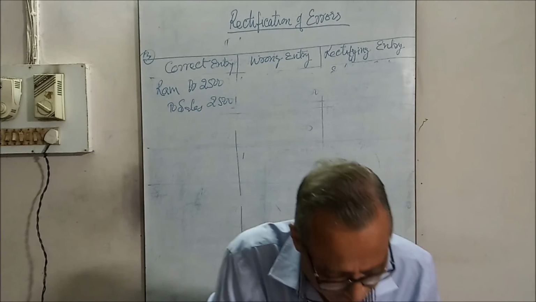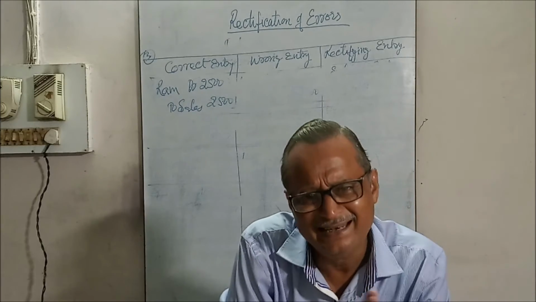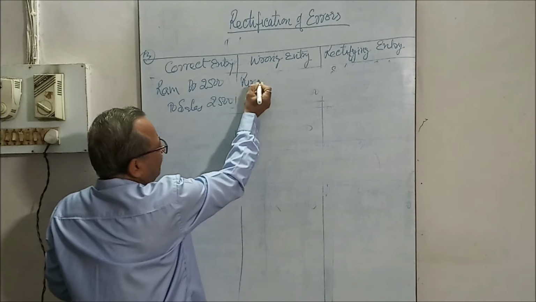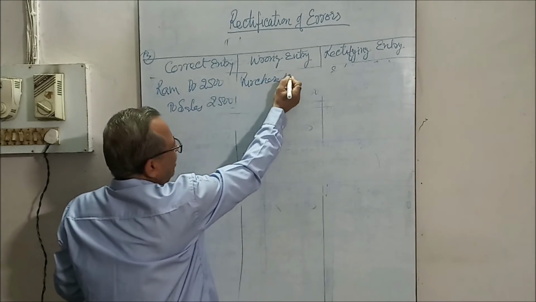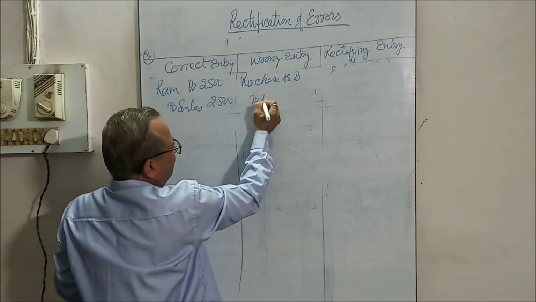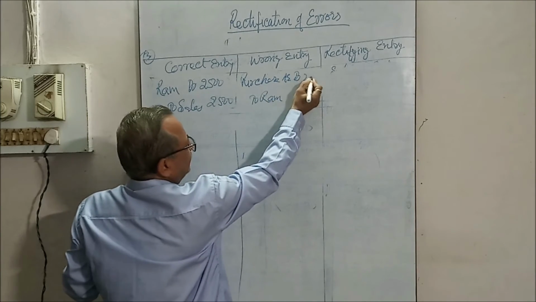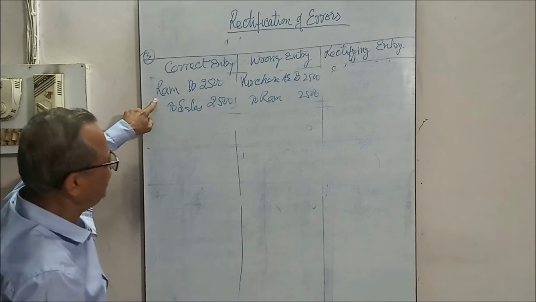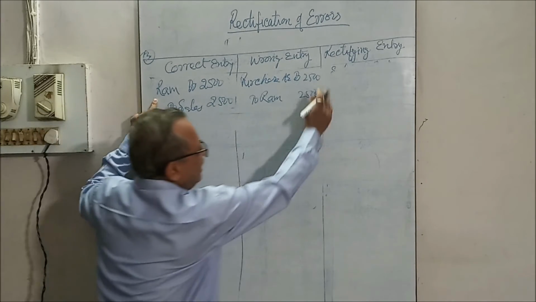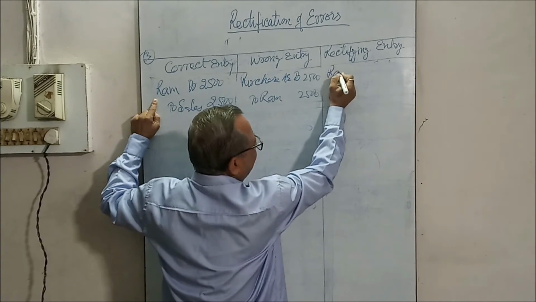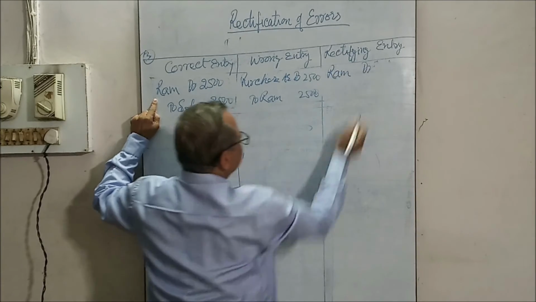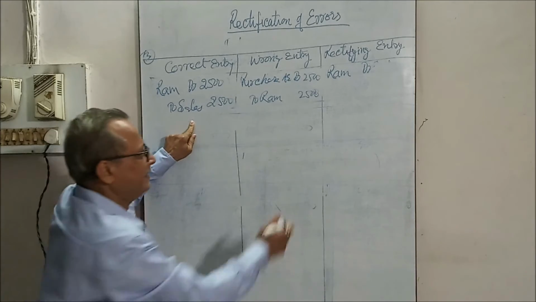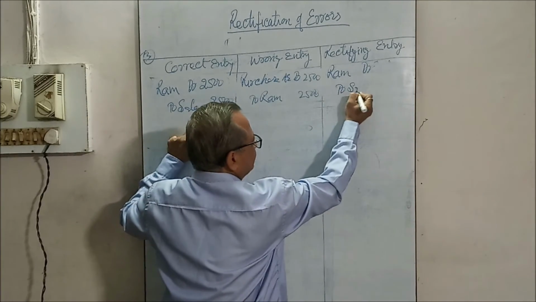It was passed through the purchase book, meaning entered in the purchase book. So the entry passed was purchase account debit to Ram 2,500. What should be? Ram should be debited. So while rectifying, debit Ram.